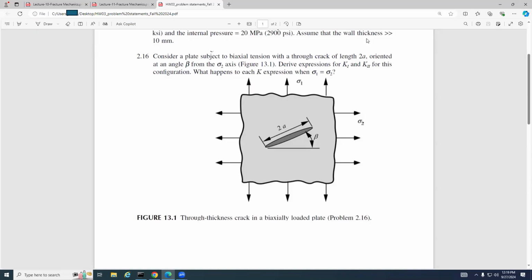Dylan, you are very insightful. You're right. Also, what I want you to tell me is when sigma 1 equals sigma 2, these two get cancelled.